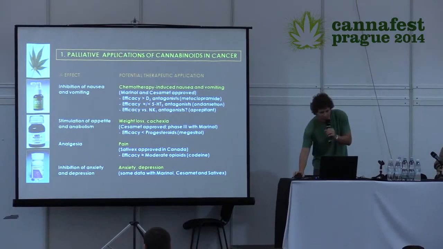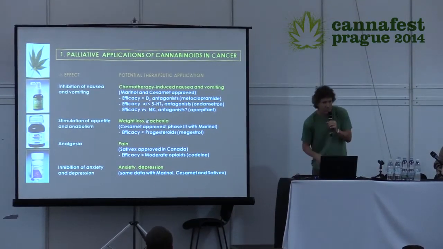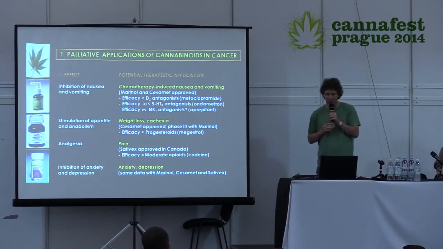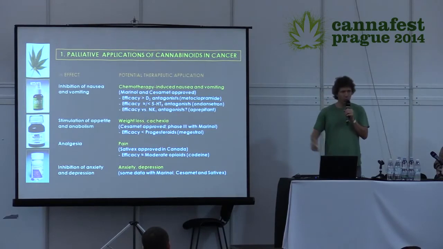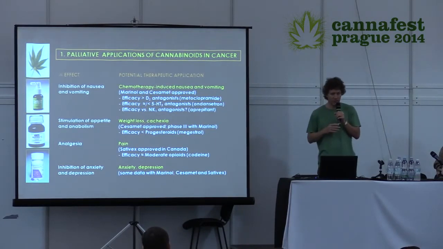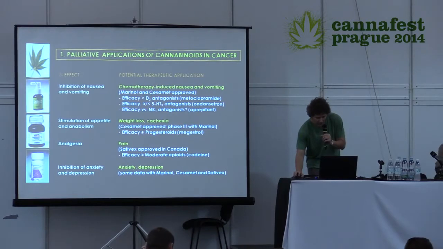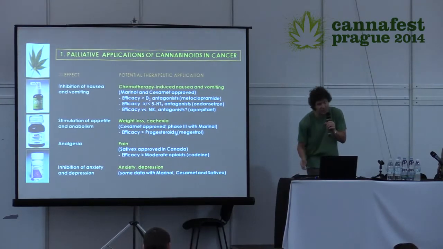You know that weight loss, what is called cachexia, is one of the most nasty effects that a cancer patient may have. They lose weight in advanced stage very rapidly, and that sometimes is the cause of death, in fact, in those patients. So cannabinoids can attenuate cachexia pretty efficiently. There are different drugs that are currently used for preventing cachexia, and steroids are the most current one.